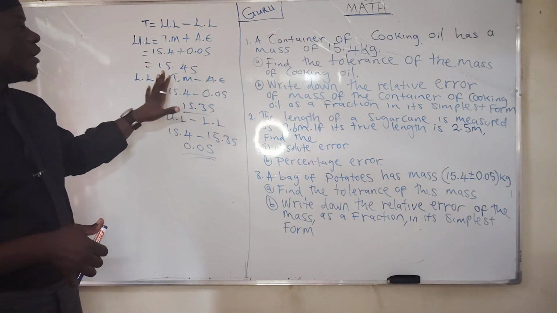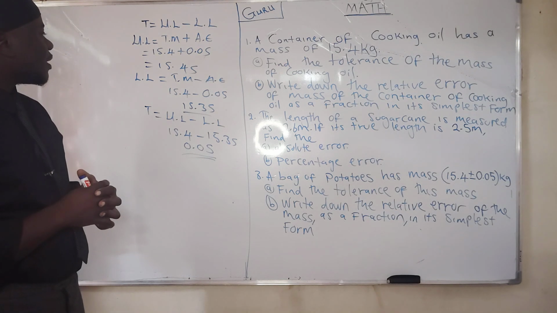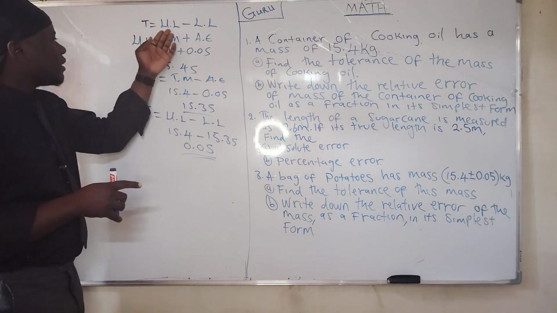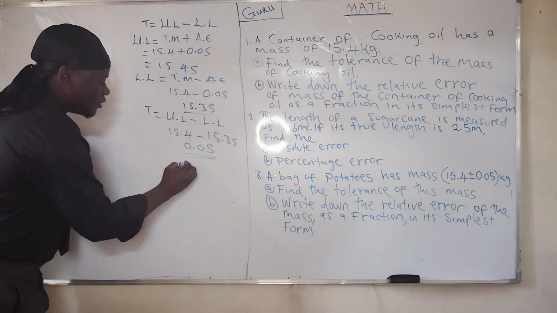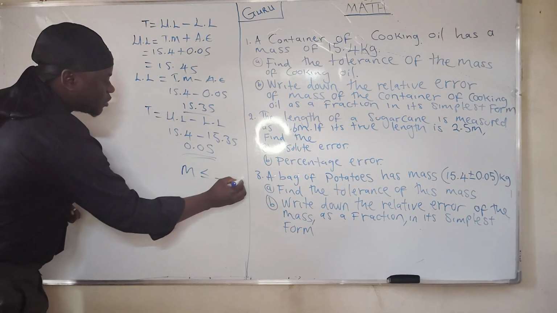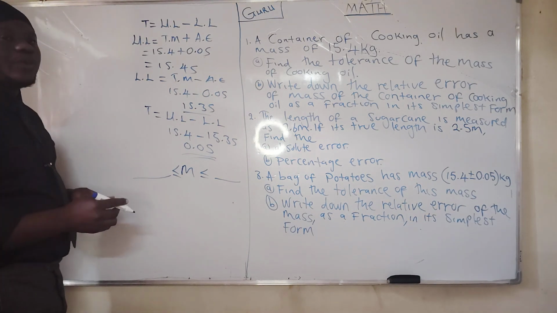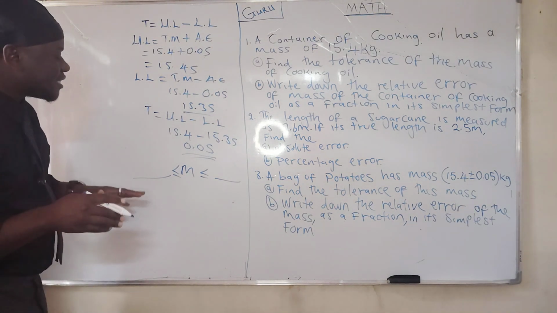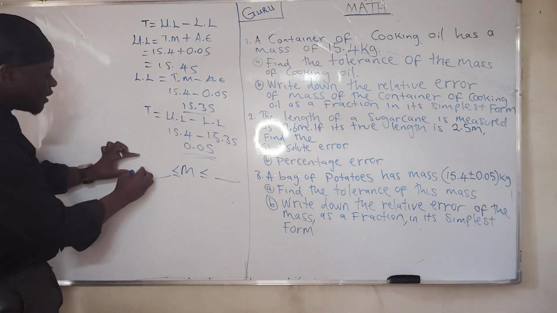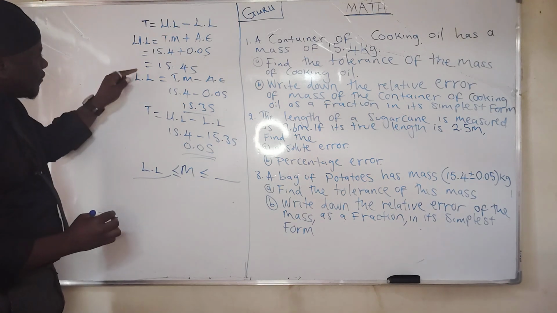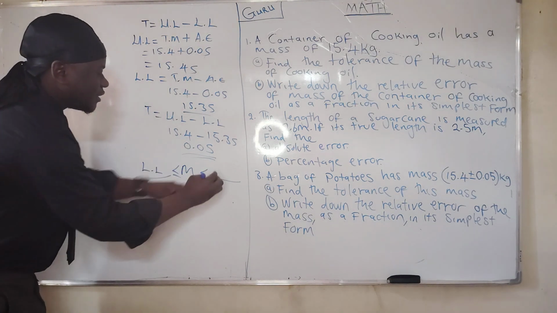So done here. Before we move to B, the same tolerance or the same upper limit and lower limit, at times the question can come like this. They'll just say mass here less than or equal to dash, then here again this dash. When the question comes saying complete the statement, meaning that statement here you have to find the lower limit. The same way we are finding lower limit, you write it here. Upper limit, you write it here.